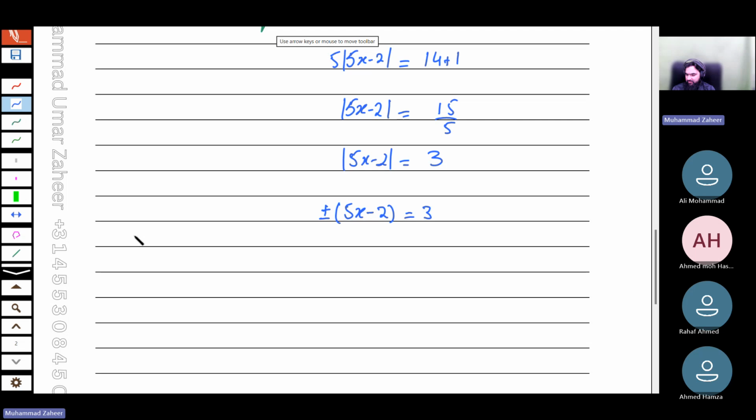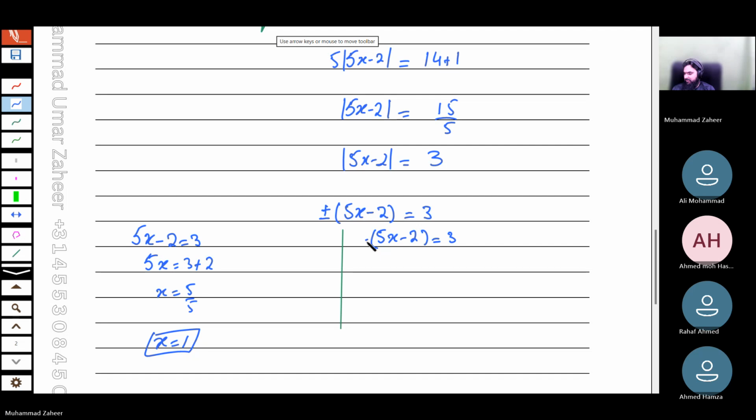So we have to take the value with the positive sign and the value with the negative sign. So from here, I get 3 plus 2, 5 over 5. So I get x is equal to 1.